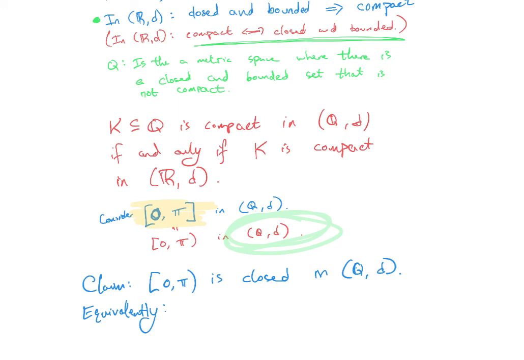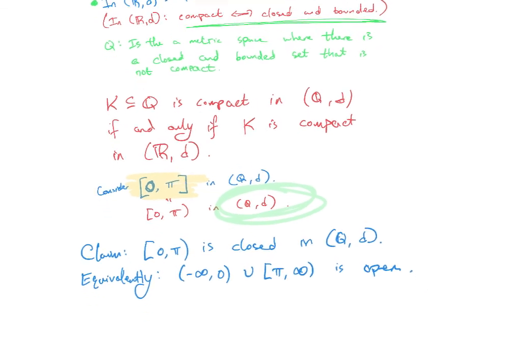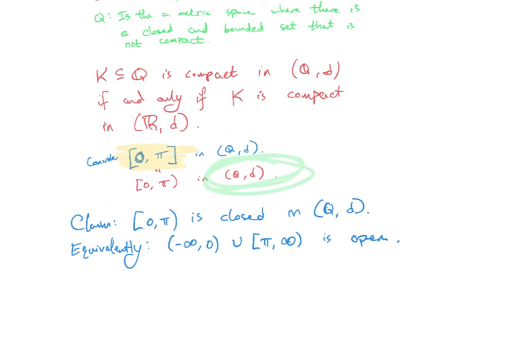Now, what's its complement? Its complement is minus infinity to 0 union pi to infinity, in the rationals, and we want to show it is open. Well, you've got a union of two sets. If they're both open, then their union is open, right?